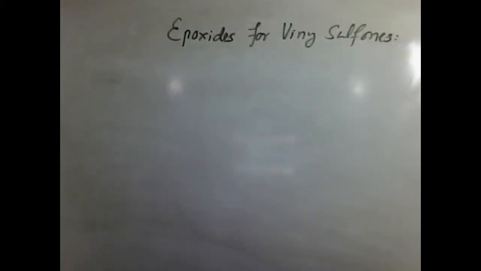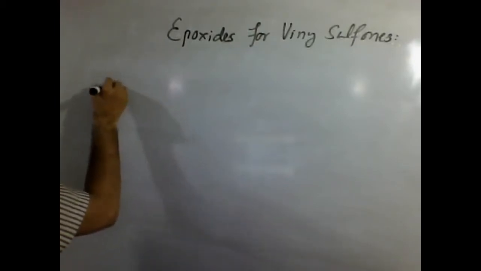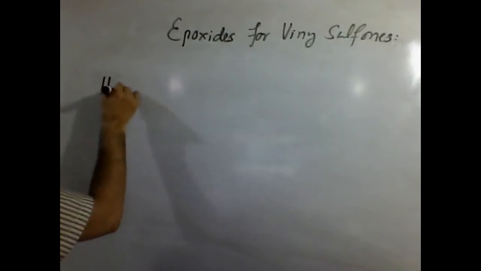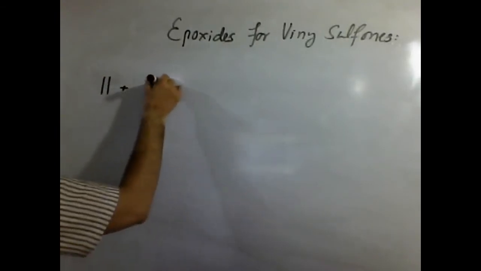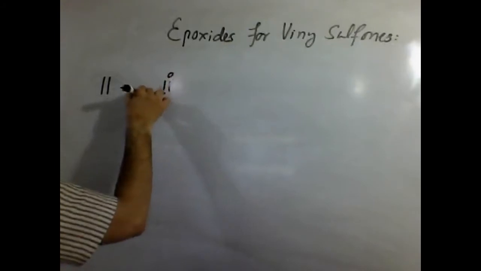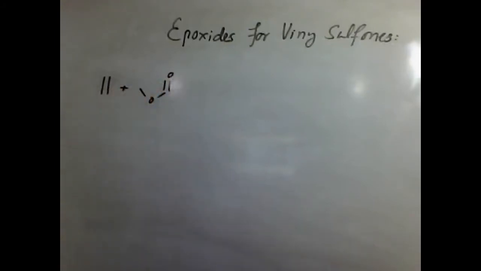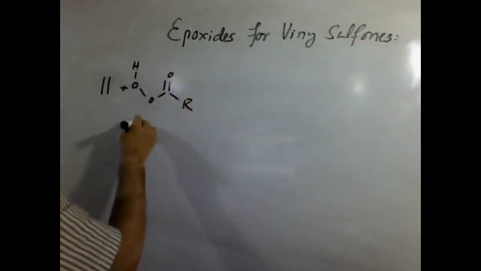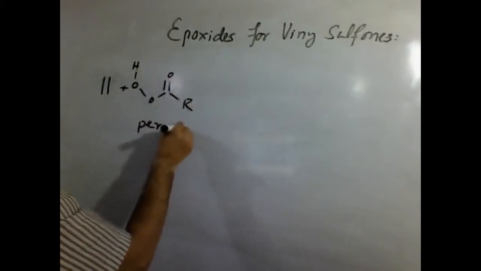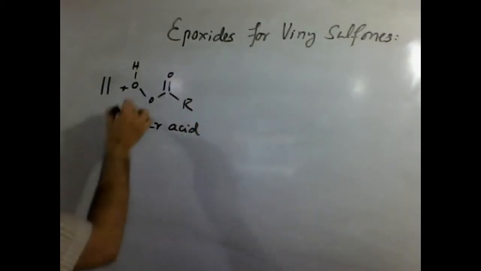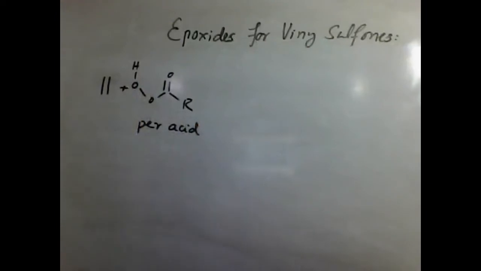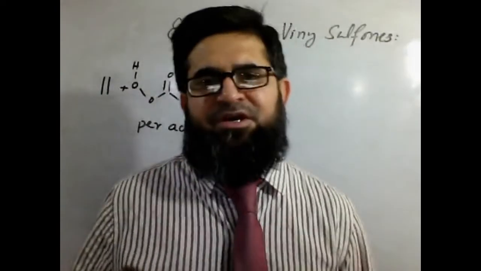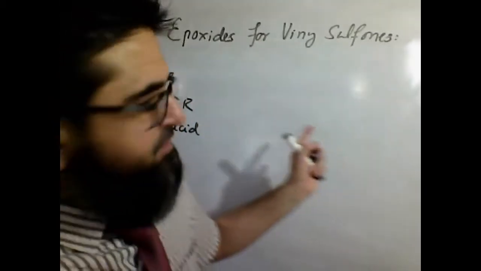The second method also uses alkenes. This time the reaction involves per-acids. Per-acids are used in the reaction. We have an idea of per-acids: the presence of an extra oxygen makes a normal acid into a per-acid, as in this case.